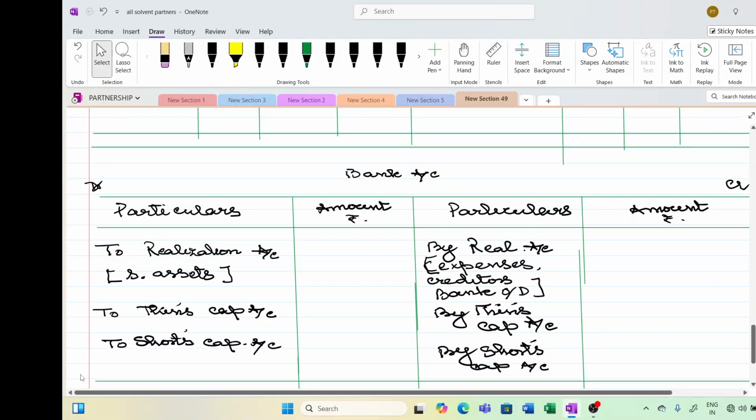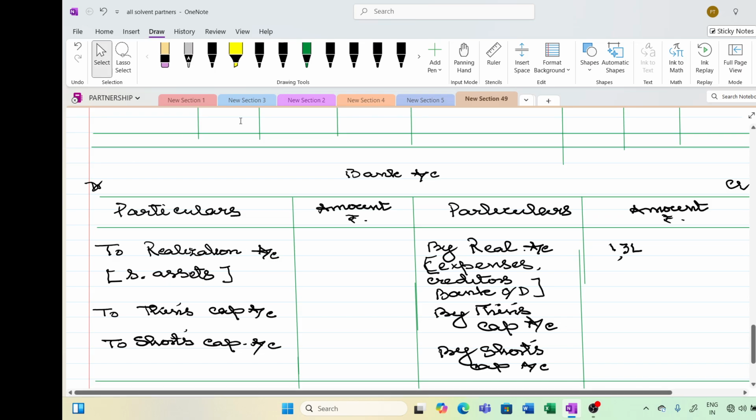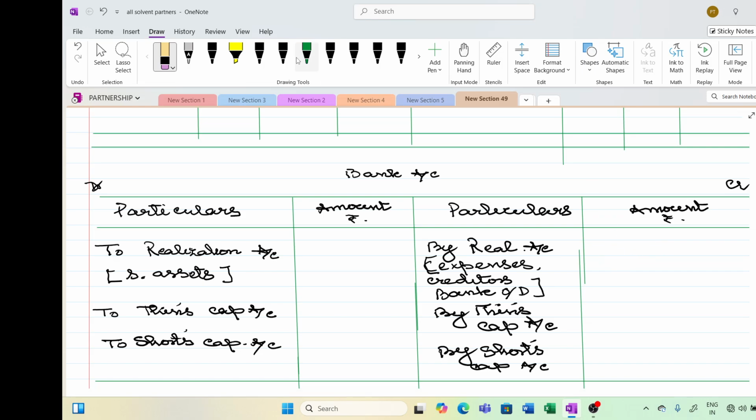We have made the payment of 4,500, 44,330 for your bank overdraft, and 84,650 for your creditors. The total comes to 1,33,480, or you can record it separately also.